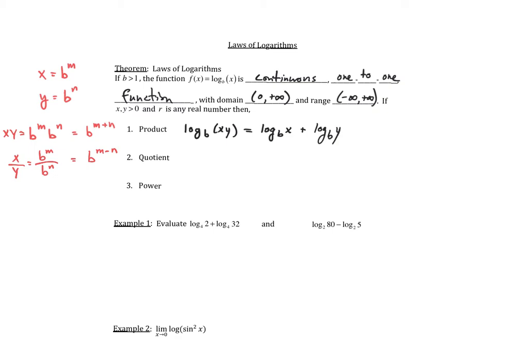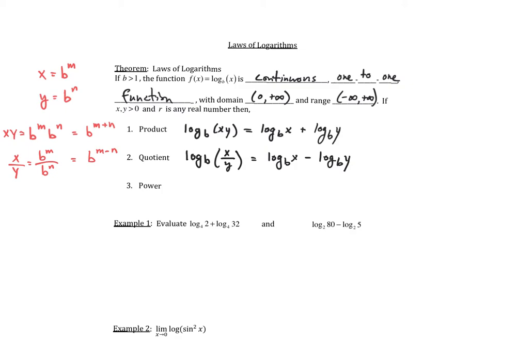So when we write down the quotient law of logarithms, we're going to get log base b of x divided by y. That's really what the left-hand side of the equation is. Looking at those exponents, what's the resulting exponent going to be? The resulting exponent is going to be the log with respect to base b of x minus the log with respect to base b of y. So we're just going to subtract the two exponents.